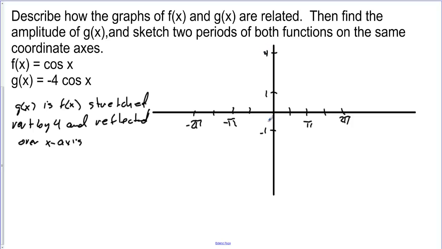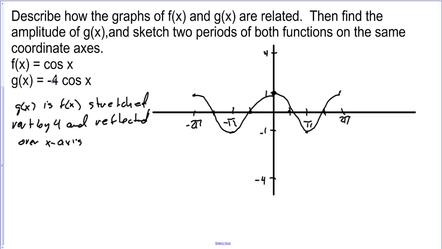So we'll make this 4 and down to negative 4. Cosine starts at 1, then goes to 0, down to negative 1, back to 0, and up to 1. So there's cosine, one period of it, and here are two periods of cosine going to the left.